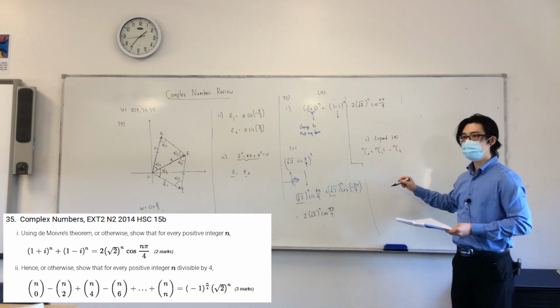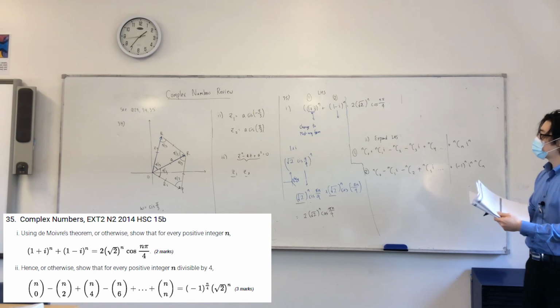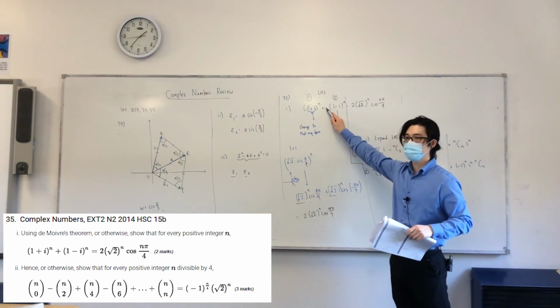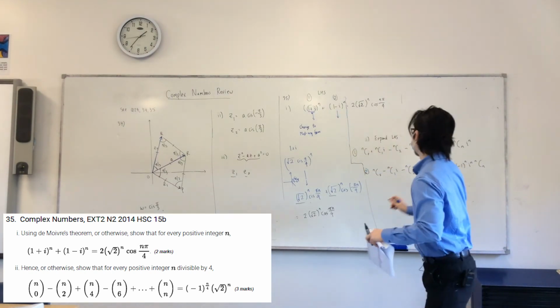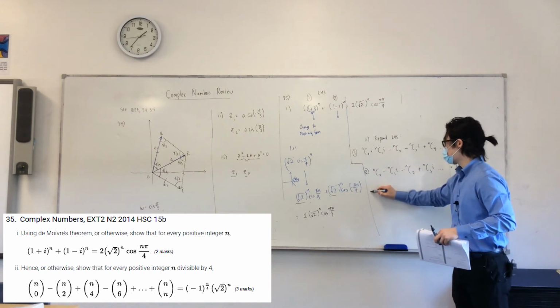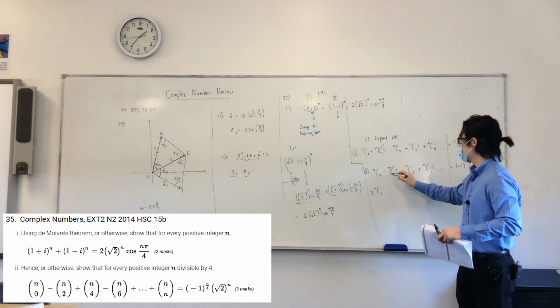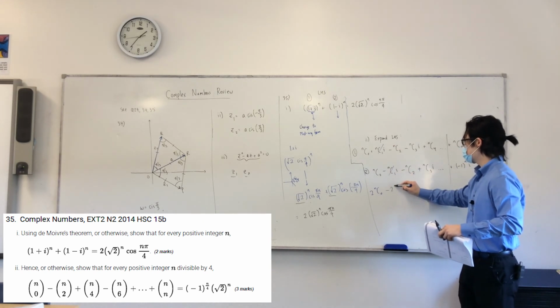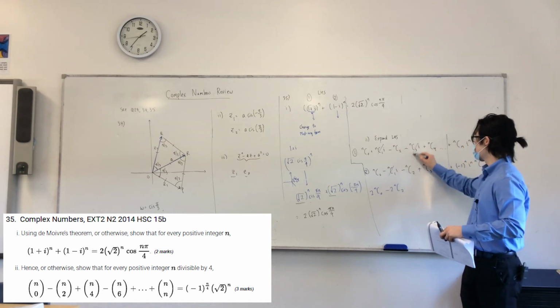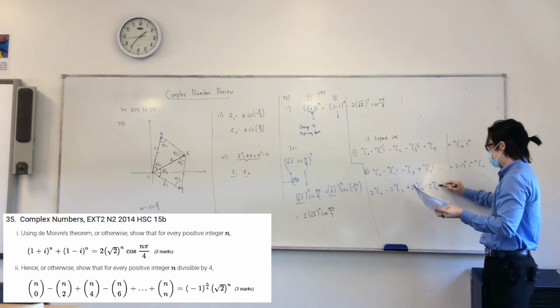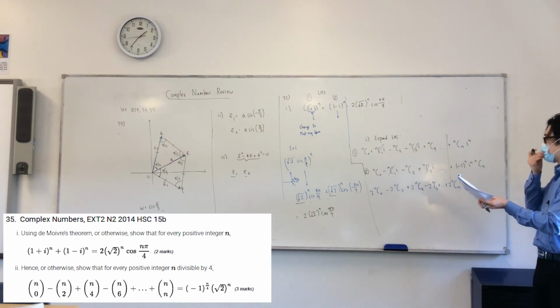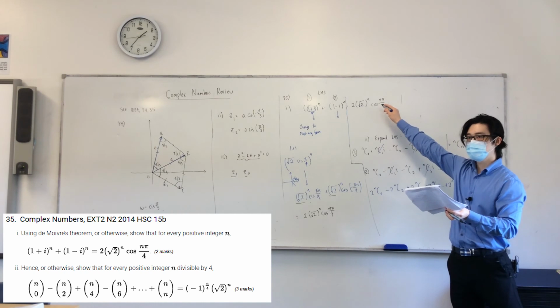Because I squared. What does the question want? We need to add them, right? So if I add it, I'm going to get 2 NC0. Those are gone. I'm going to get minus 2 NC2. Those are gone. And we know that is equal to this.